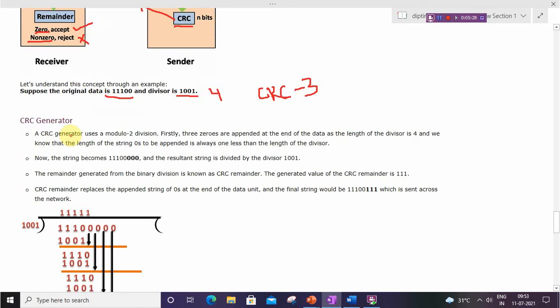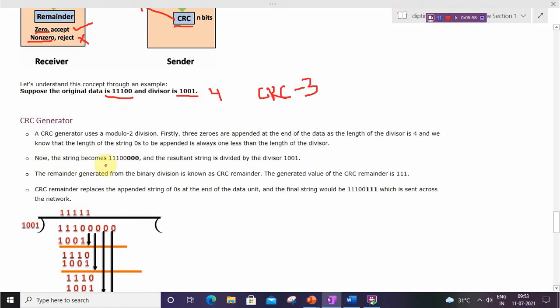A CRC generator uses modulo 2 division. Firstly, 3 zeros are appended at the end of the data, as the length of the divisor is 4. The length of the string of 0s to be appended is always 1 less than the length of the divisor. So the CRC length will be 3 and 3 zeros will be appended to the data unit.